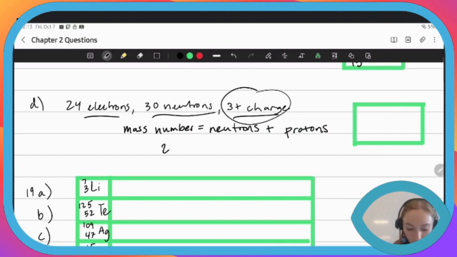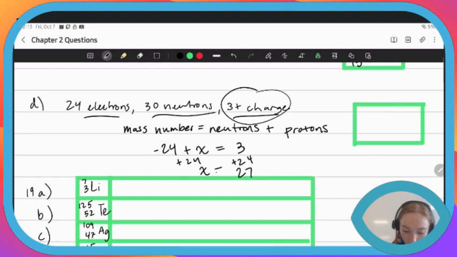So if there are 24 electrons, we have a negative 24 because the electrons are negative. And if our end goal has an overall +3, to identify how many protons we have, we just add 24 on both sides, and so that's 27. So we have 27 protons here.